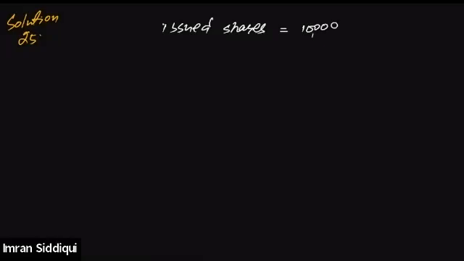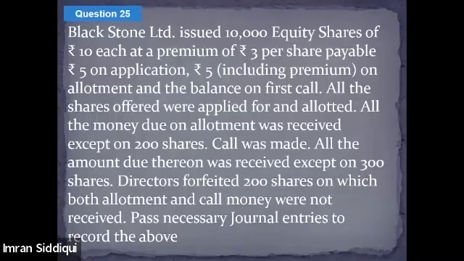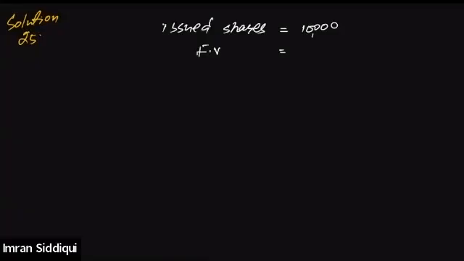Right. And the face value of this share is 10 rupees, but it was issued at a premium of 3 per share. So rupees 10 per share is the face value, and it was issued at a premium of rupees 3 per share.